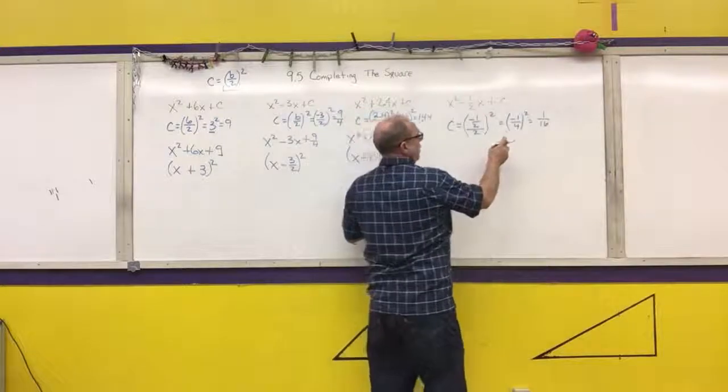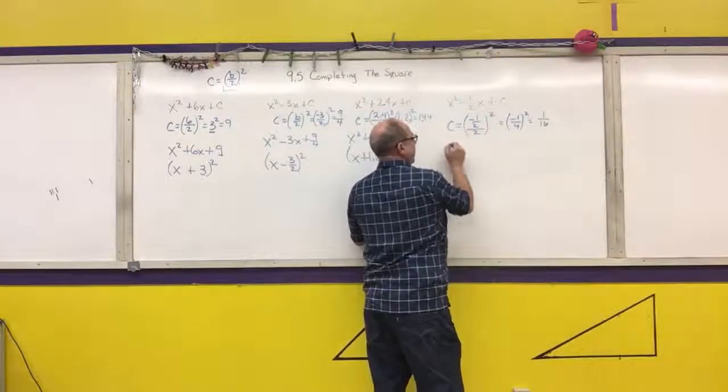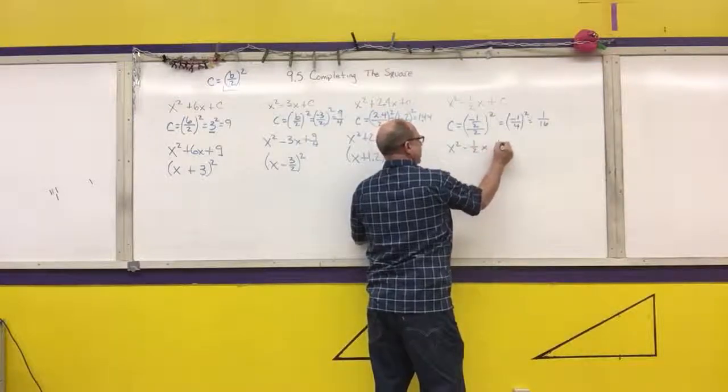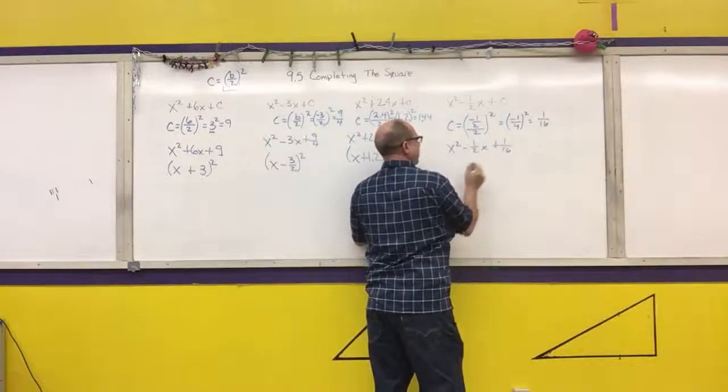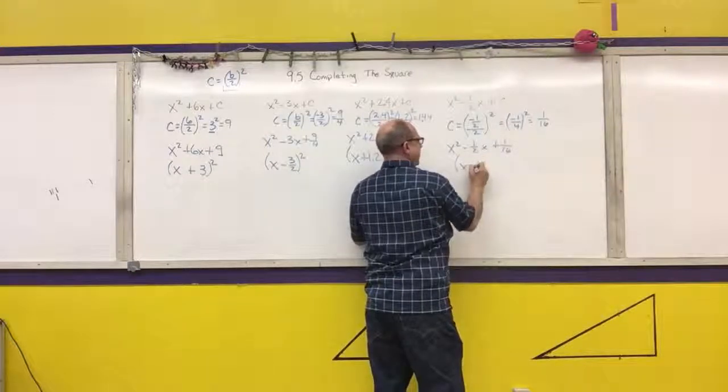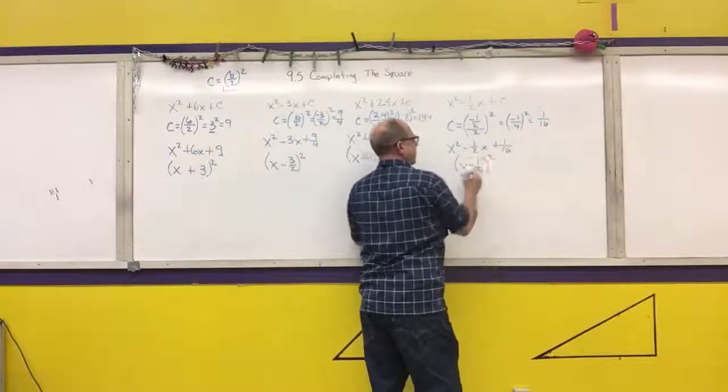Okay? Now I'm going to write x squared minus 1/2 x plus 1/16. And then in factored form, it would be x minus 1/4 squared.